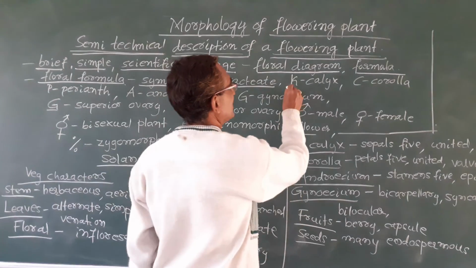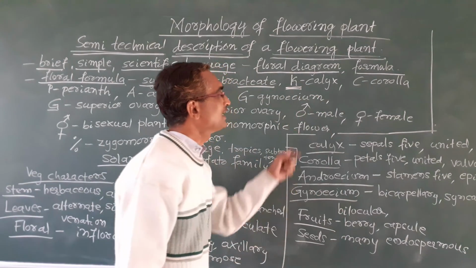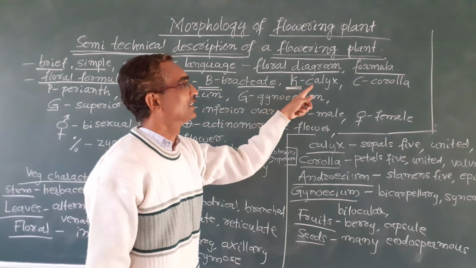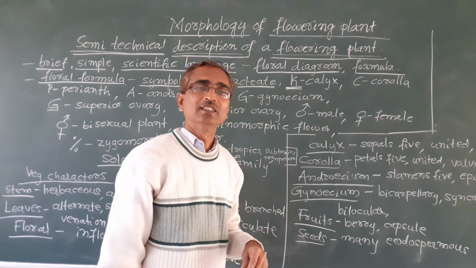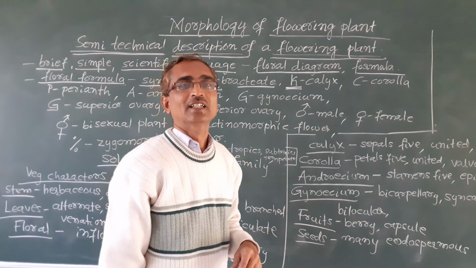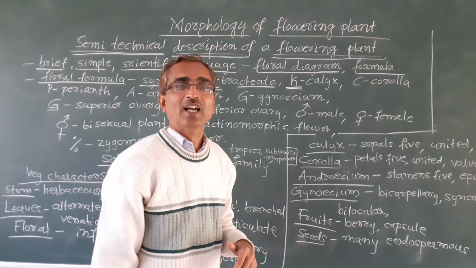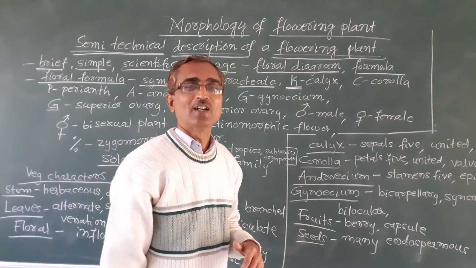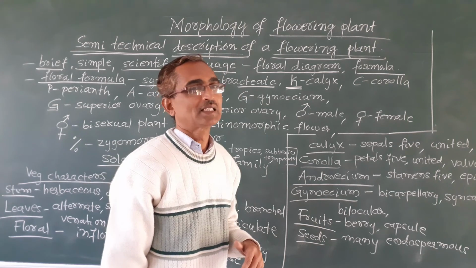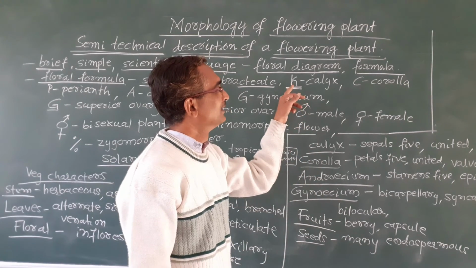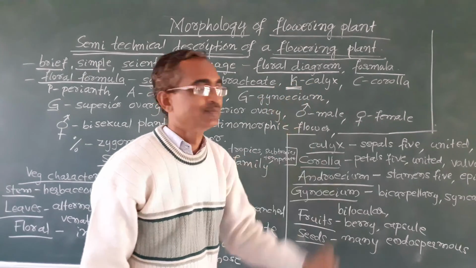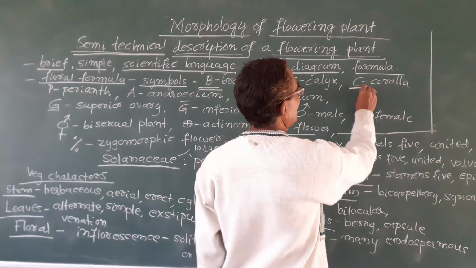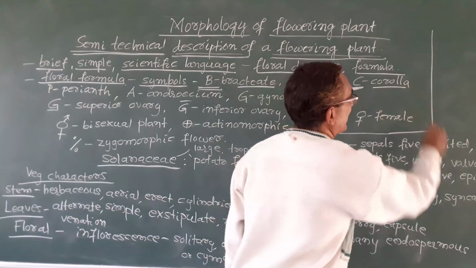Capital K denotes the calyx. We have discussed the various parts of a flower: the calyx is the outermost whorl, and its members are called sepals. Capital C is used to denote the corolla.